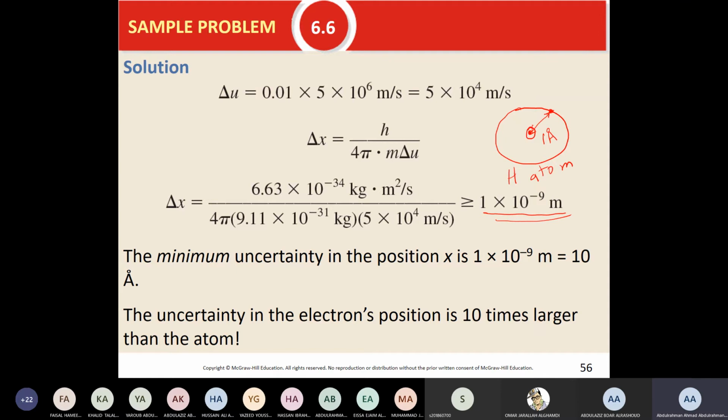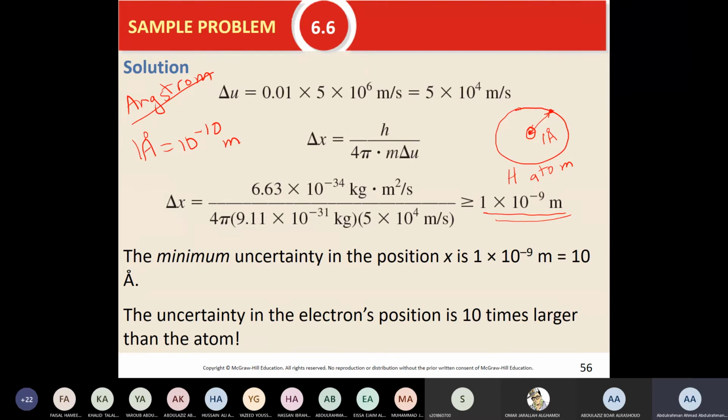You know what's angstrom? Did you ever see it? When we write A with a circle, this is called angstrom, and it's actually 10 to the power minus 10 meter.